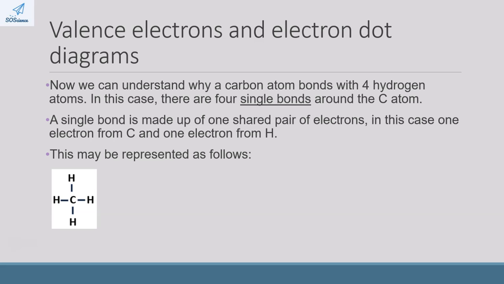The other thing that we need to keep in mind is that if we're going to represent our Lewis dot diagrams and our bonds as single lines for a single bond, then we also need to make sure that we include any other electrons that are not shared around the atoms.